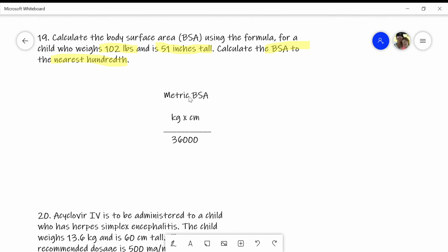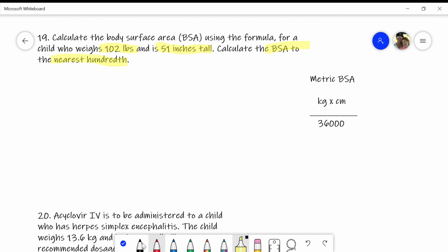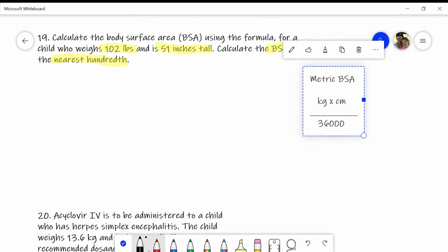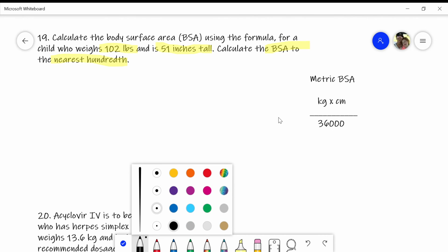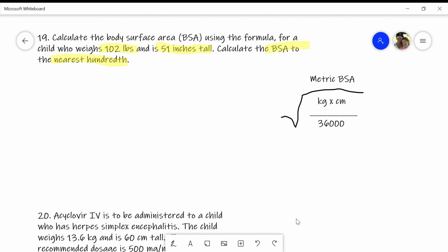Let me move this over. And then that's all going to be under a square root. So that's the metric.